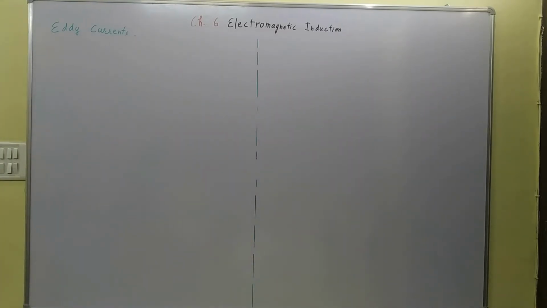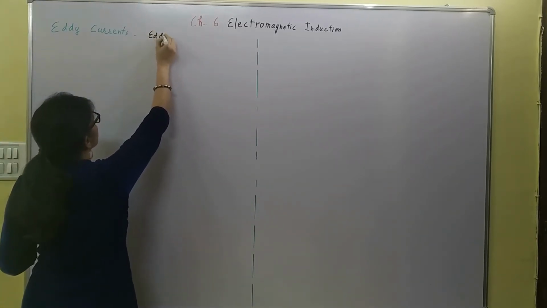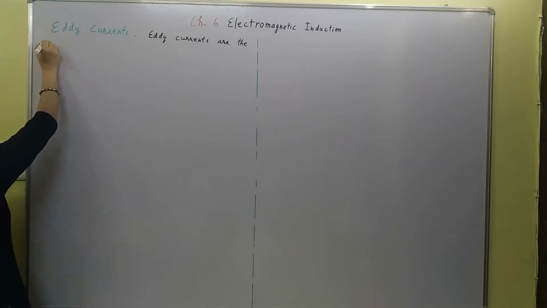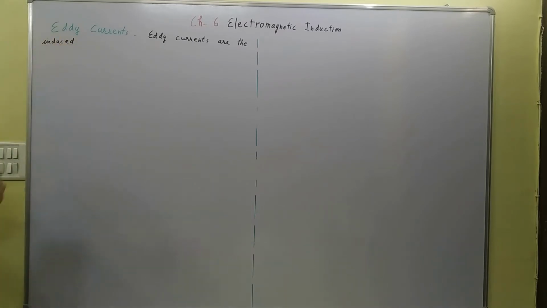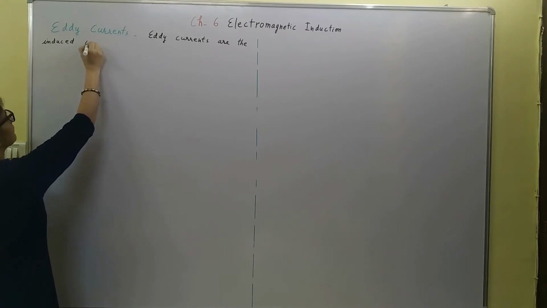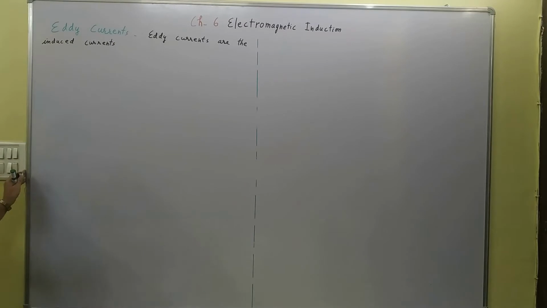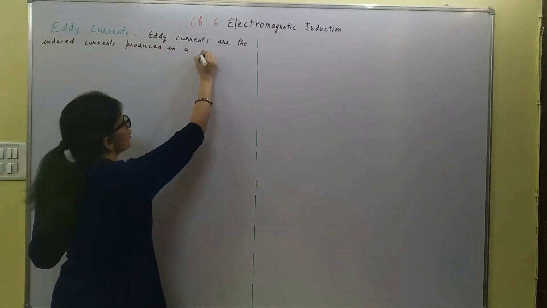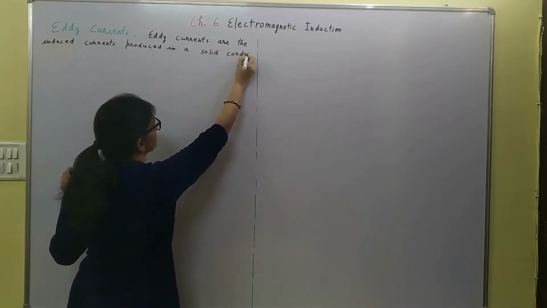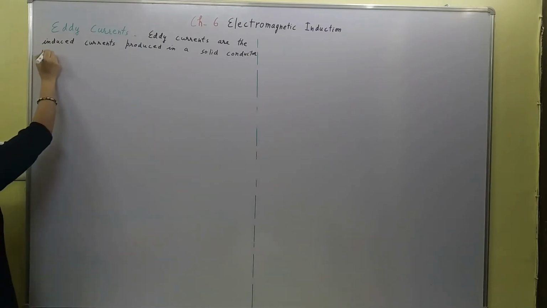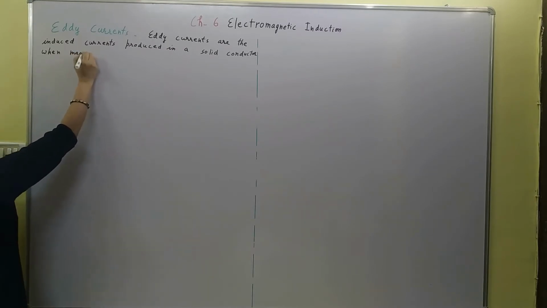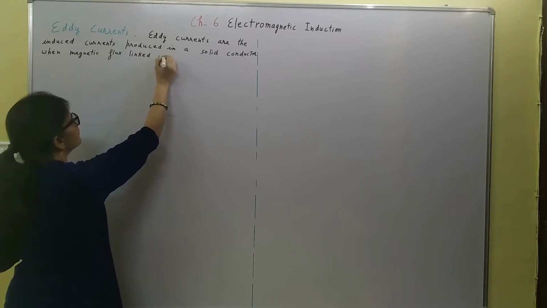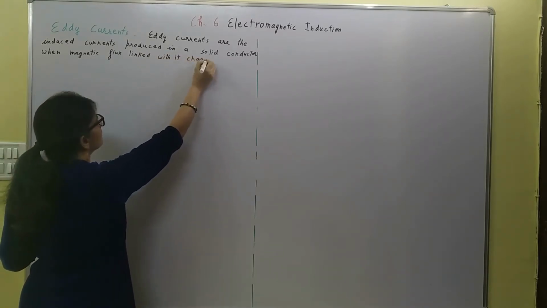So we'll just write down: eddy currents are the induced currents produced in a solid conductor whenever magnetic flux linked with it changes.